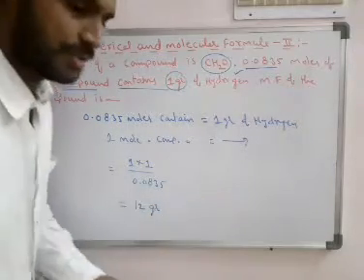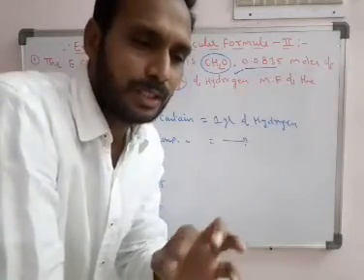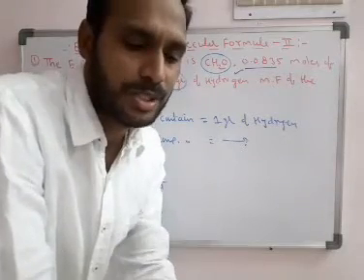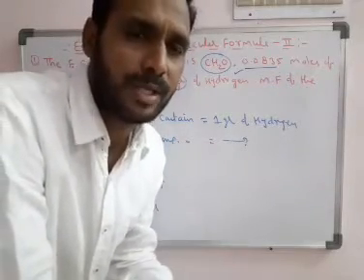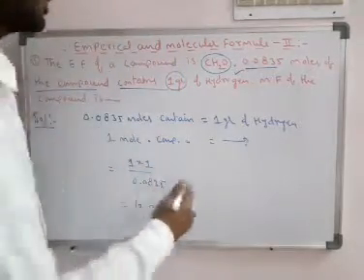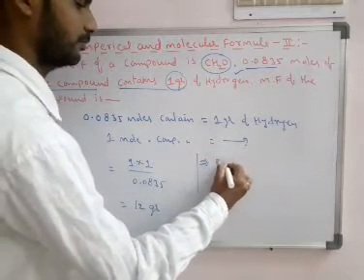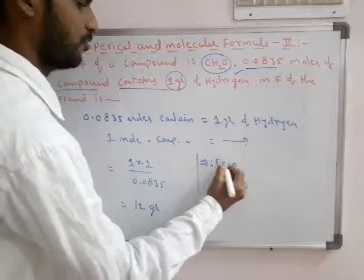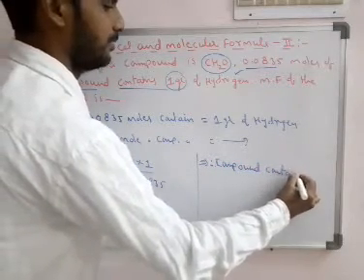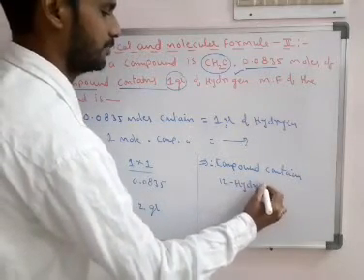So 1 mole of the compound has 12 grams of hydrogen. 12 grams of hydrogen means 12 hydrogens, so the compound contains 12 hydrogens.